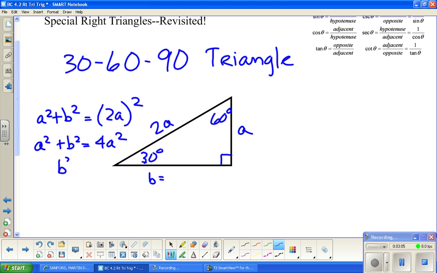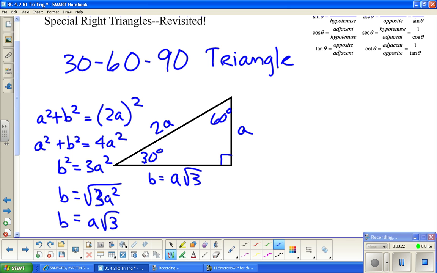I know that you'll find this shocking, but sometimes people forget this stuff. So really, this is the square root of 3a squared, which we can do the square root of a squared, and we're left with a square root of 3. We don't really need the b anymore, so I'm going to get rid of it. This is a big deal.